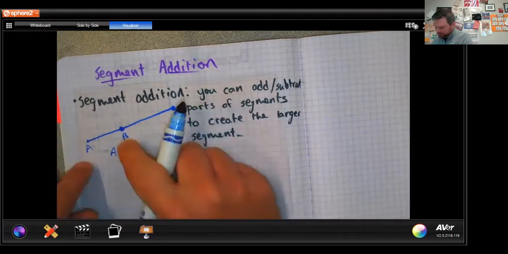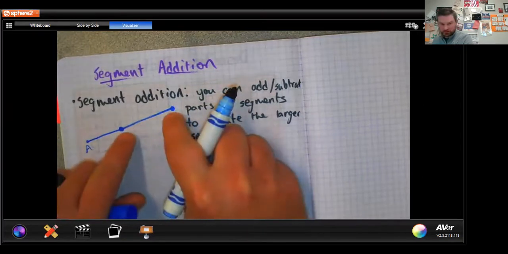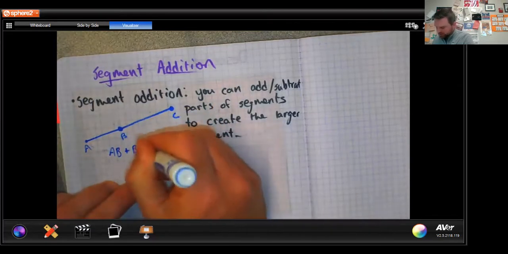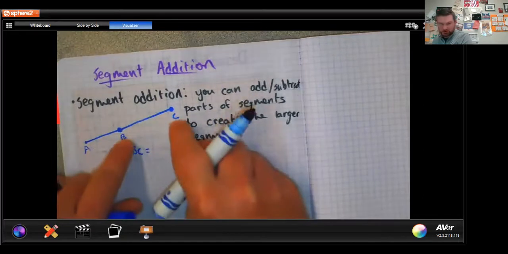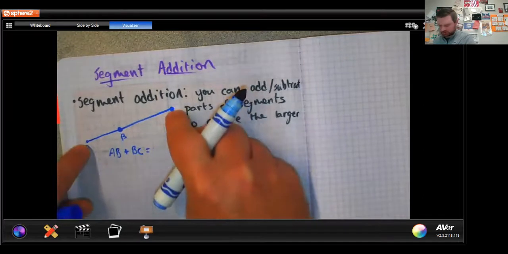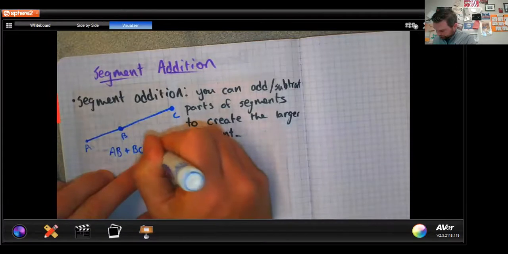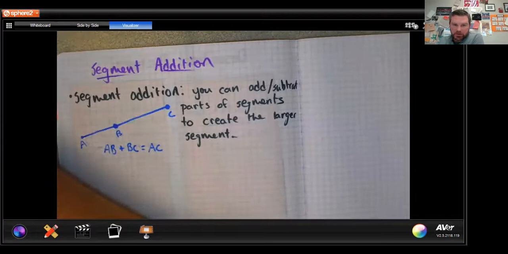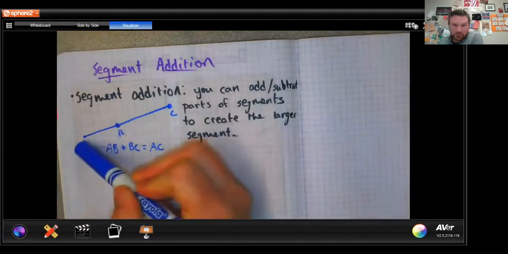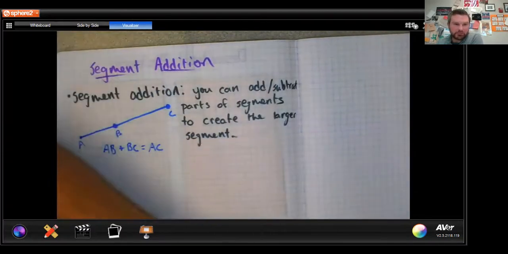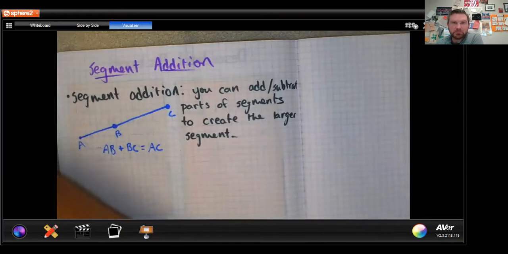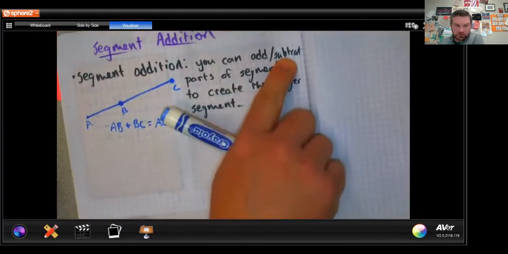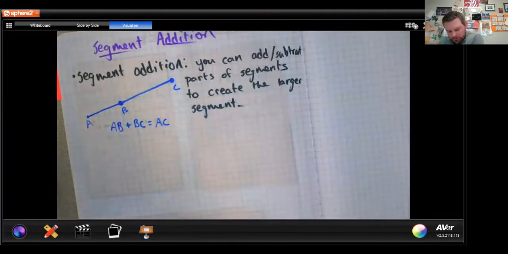You can add this segment to this little segment right here, which is BC. And when you take this segment plus this segment over here, you will get the whole segment. The only thing I didn't put in here is that A, B, and C have to be collinear. Okay, A, B, and C need to be collinear for this segment addition or subtraction to work.